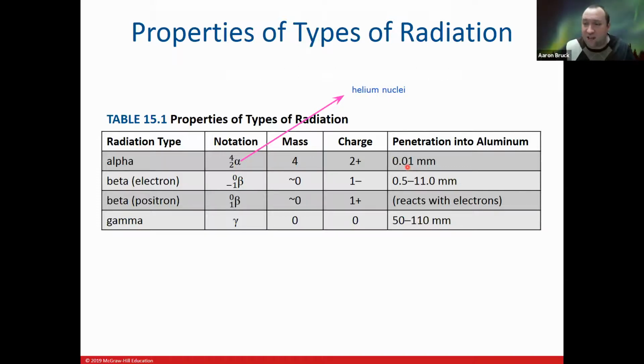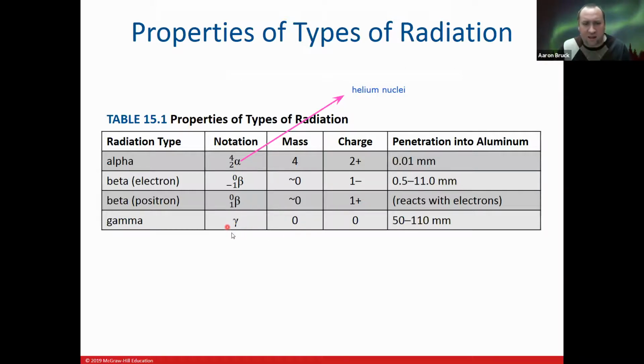Positron emission doesn't tend to penetrate too much. Usually what we see is a positron will react with an electron and cause something called annihilation. They'll basically run into each other, react with each other. The positive and the negative will interact and basically cancel each other out and produce a ton of energy when they do.